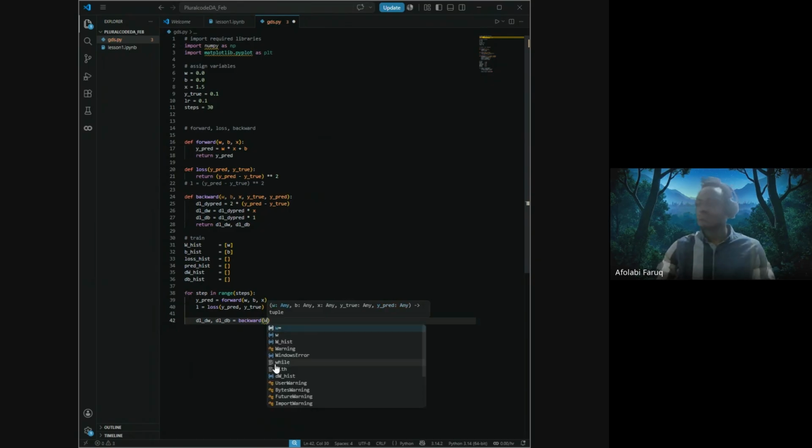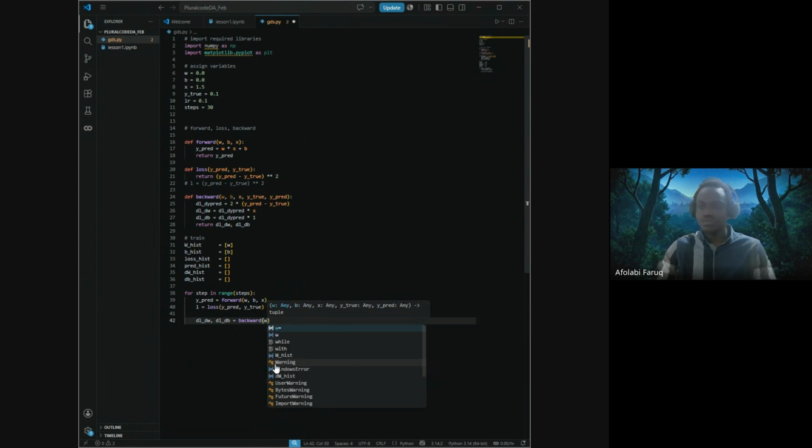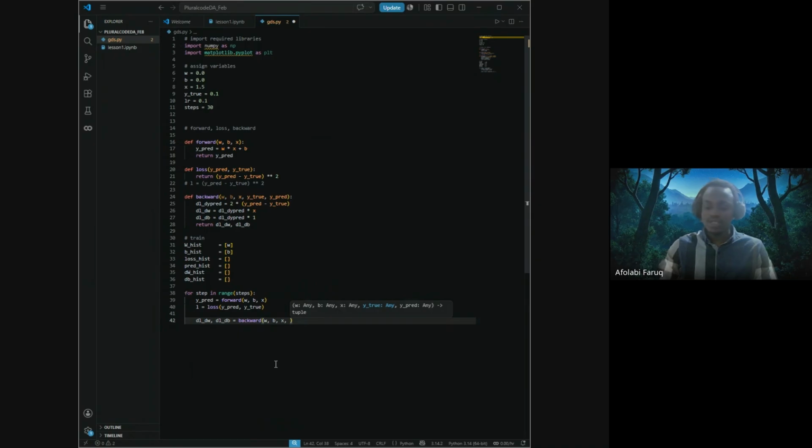Our weights, W, B, supposed to be small w and b, then X, then Y true, then Y pred. So yes, that's backpropagation.